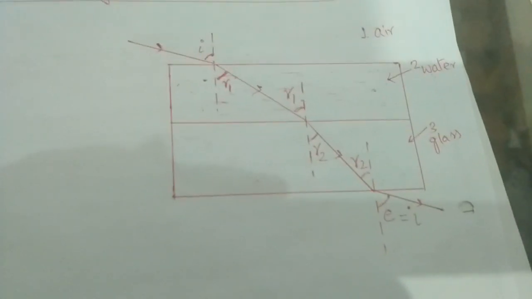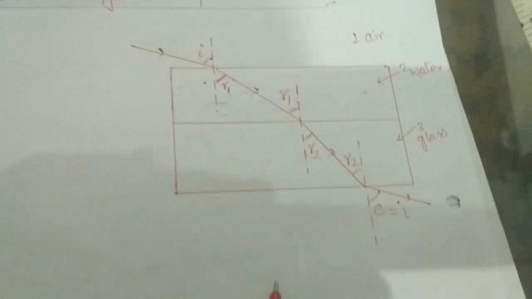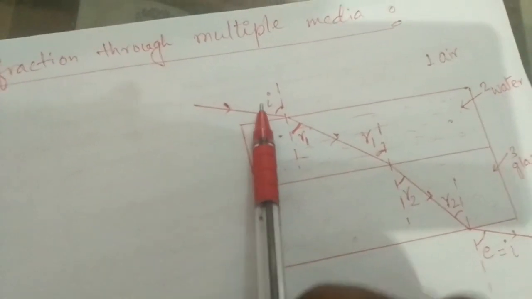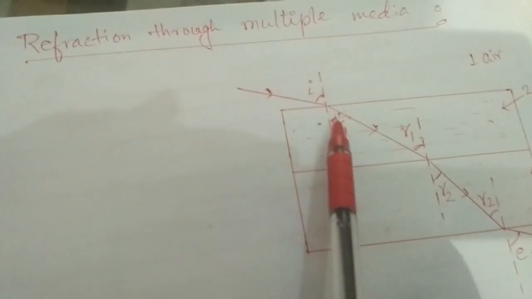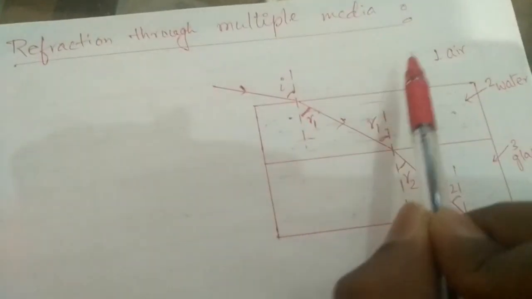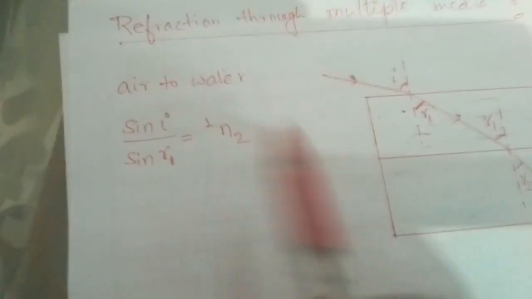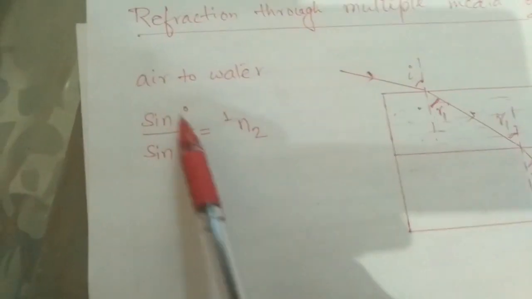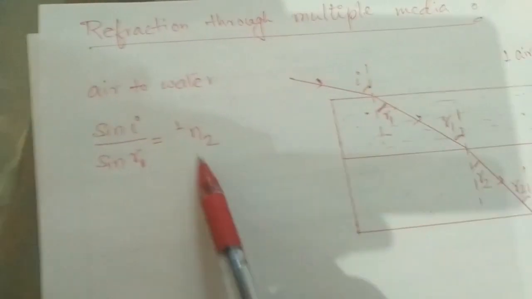Now we will write Snell's law for air to water, then water to glass, and then glass to air. Let's write for the first medium, when the light is going from air to water, using Snell's law: sine I by sine R1 is equal to 1μ2.